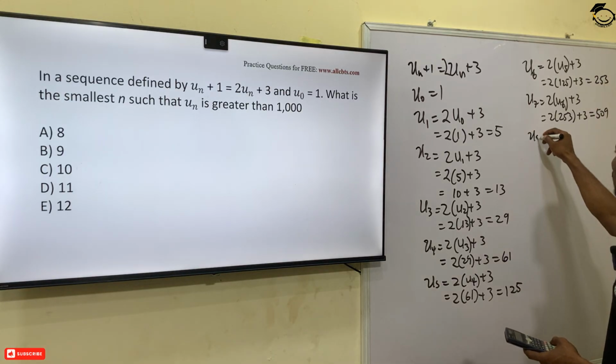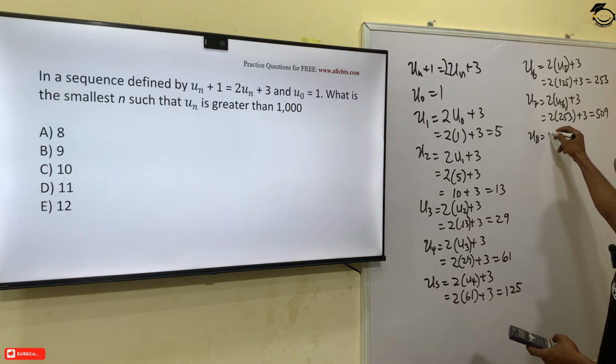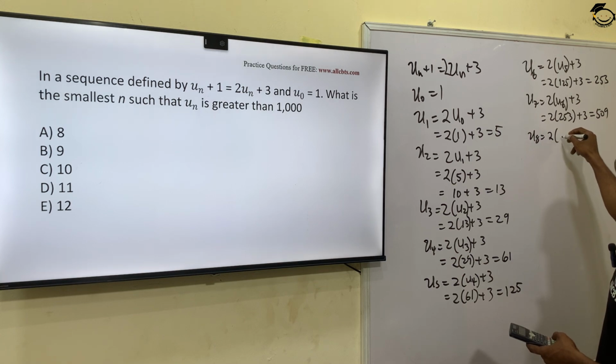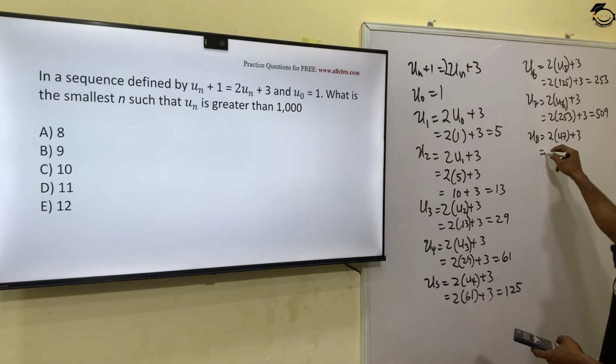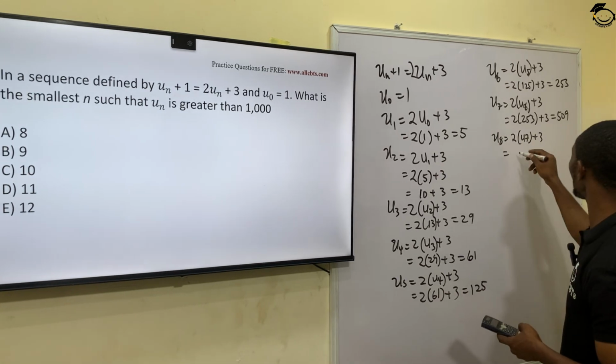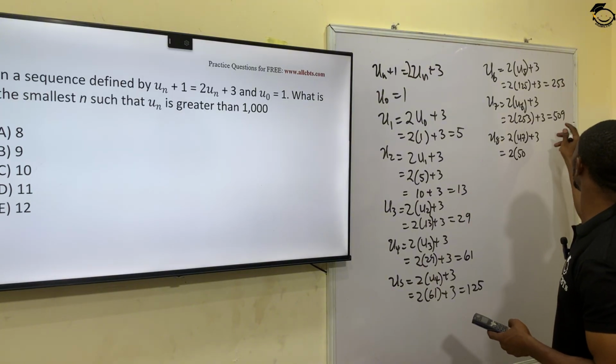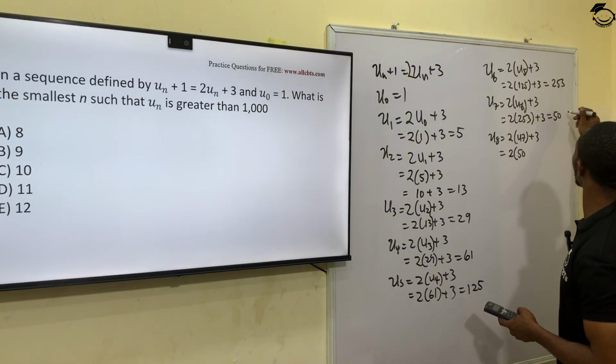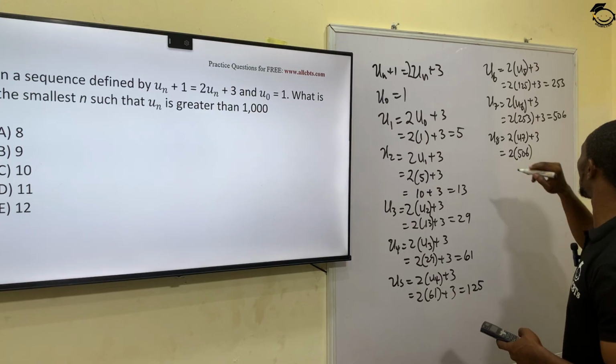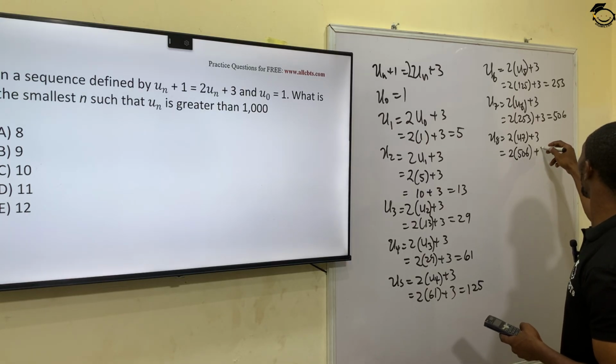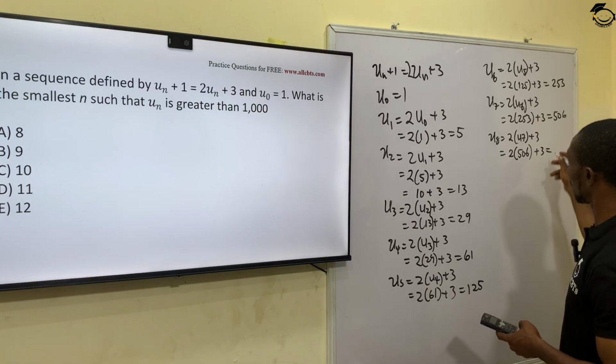509. Then u8 would be 2 brackets u7 plus 3, which gives us 2 brackets 50, sorry, this should be 506, plus 3.